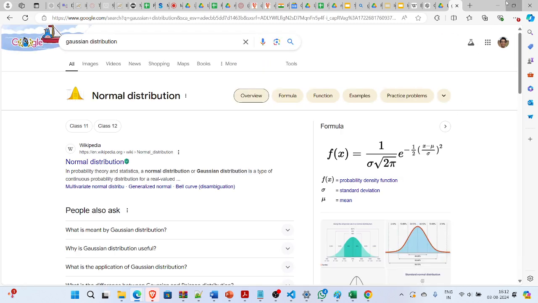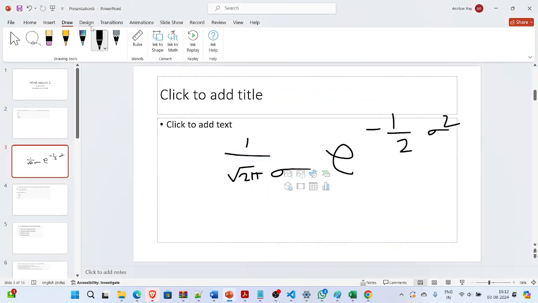It's a half x minus. So we define this as the likelihood here.